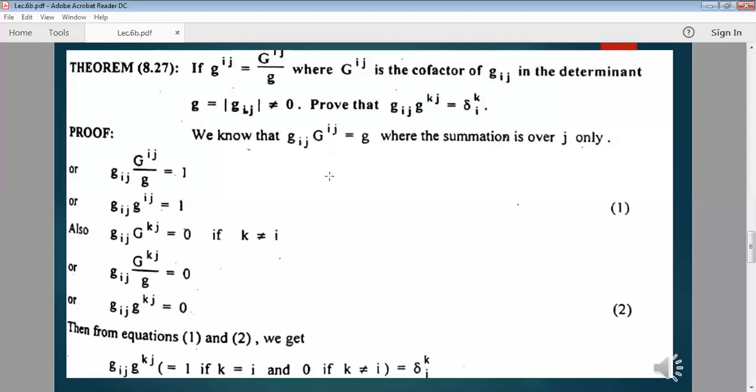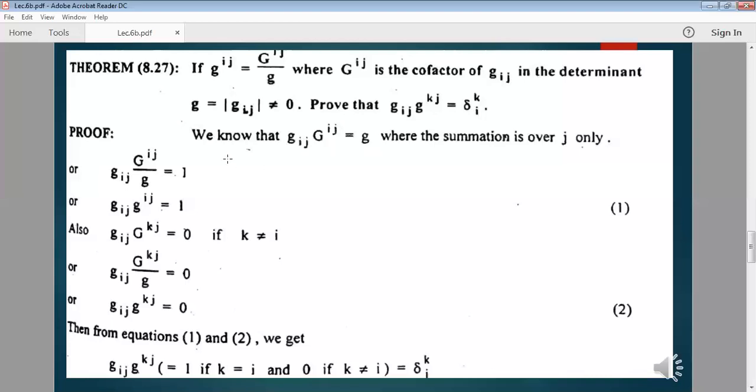This is a determinant; we fix i and move j. So g_ij times capital G_ij is equal to g.